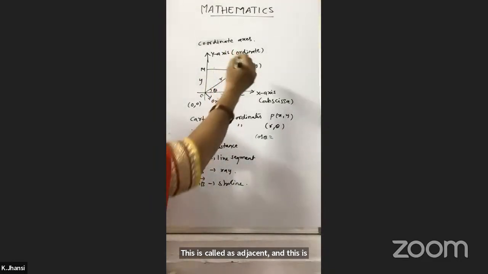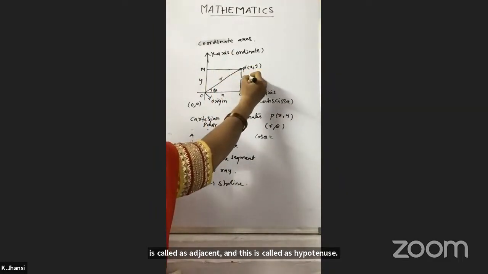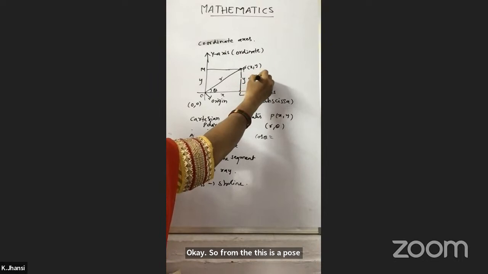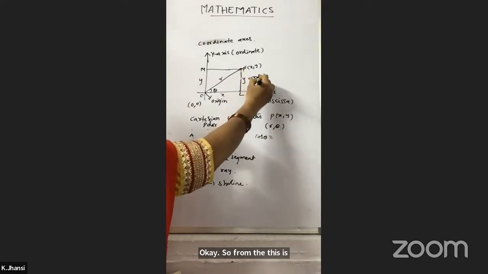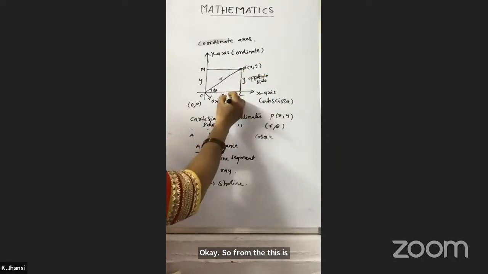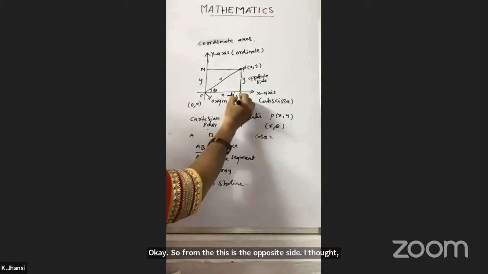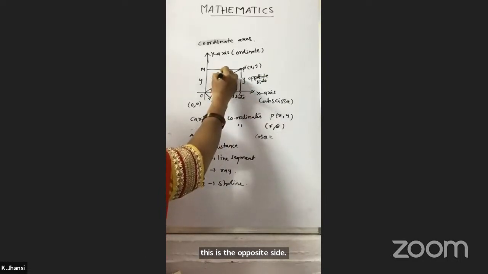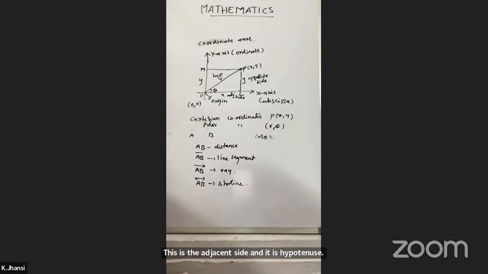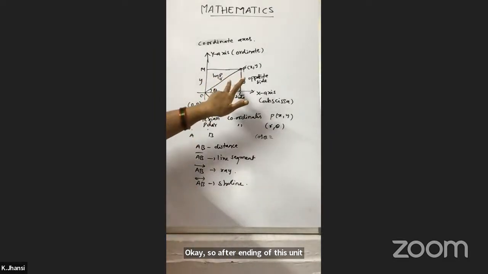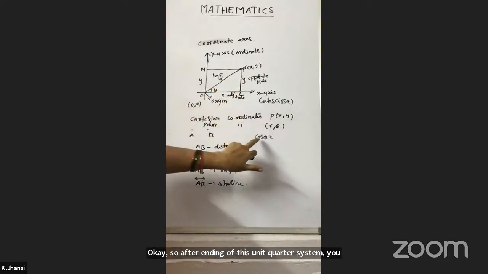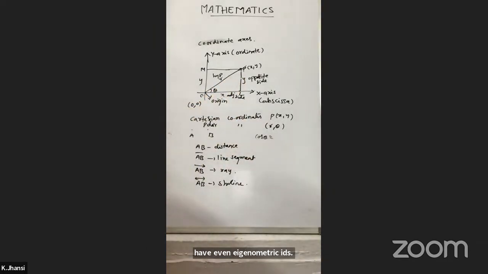Okay, so this is the opposite side, Pythagoras rule is there, no? This is the opposite side, this is the adjacent side, and this is the hypotenuse. After the end of this unit on coordinate systems, you also have trigonometric identities. What is cos theta, what is sin theta, what is tan theta?